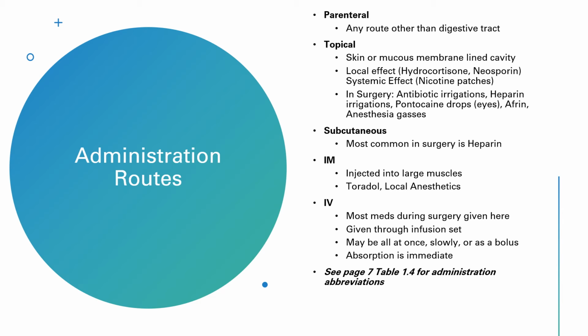And then we have intrathecal. So this is local that's injected into the subarachnoid space of the spine. And then that local is distributed and diffused in the cerebrospinal fluid. So for example, if any of you have ever heard or seen an epidural, this is where that intrathecal is going on, okay?